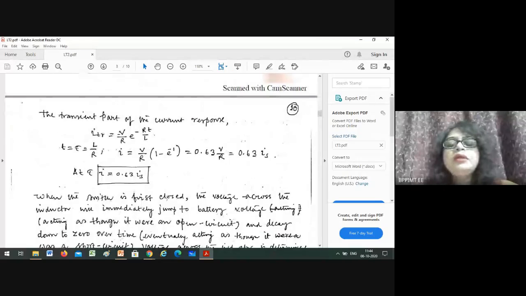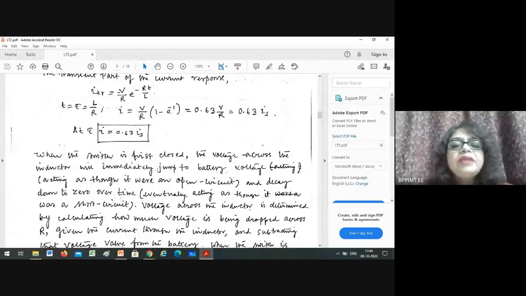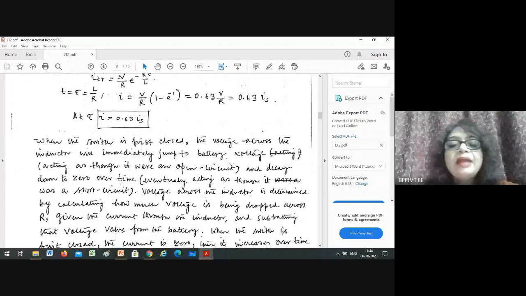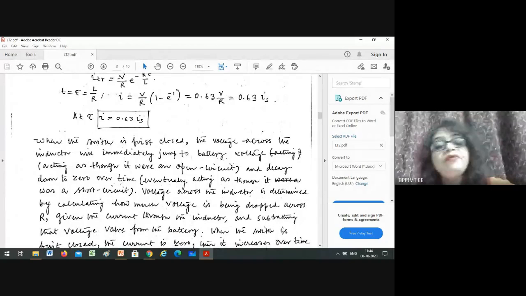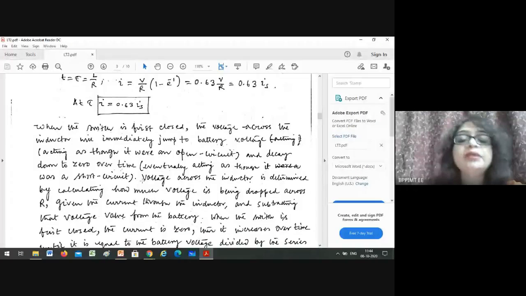So what do you mean, what is happening here? When the switch is first closed, the voltage across the inductor will immediately jump to battery voltage. That is, it will behave just like an open circuit and decay down to 0 over time, eventually acting as though it was a short circuit.